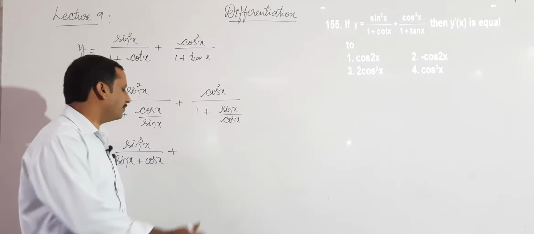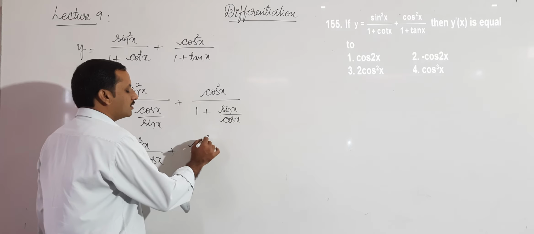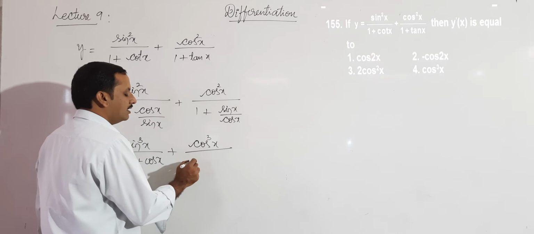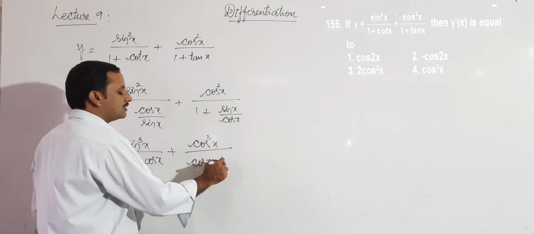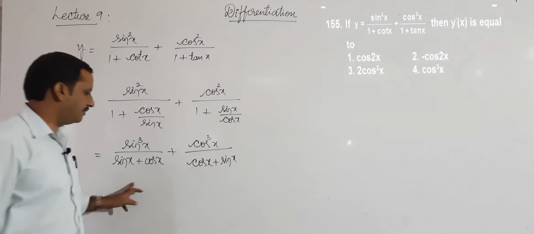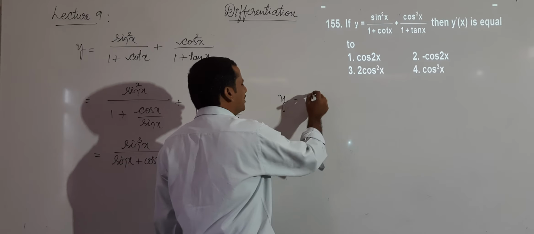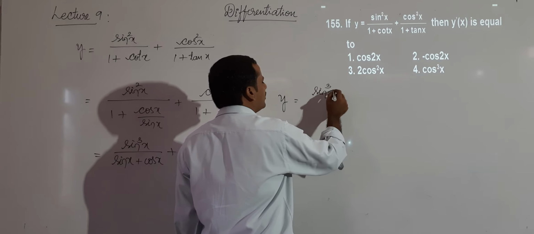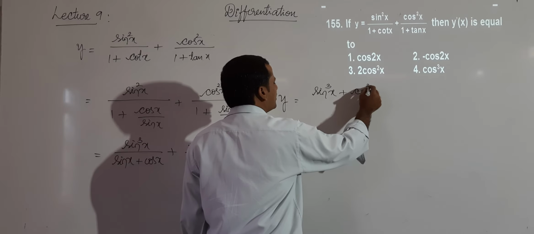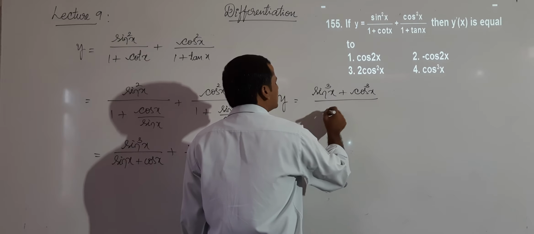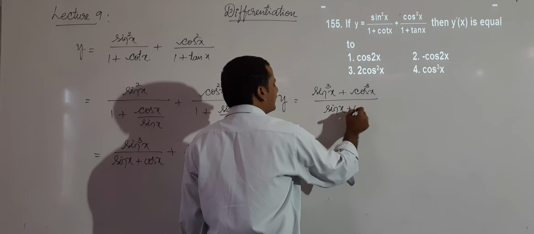This cos x will go up. So you have cos cube x divided by cos x plus sin x. Here we have the same denominator. So y is equal to sin cube x plus cos cube x divided by sin x plus cos x.